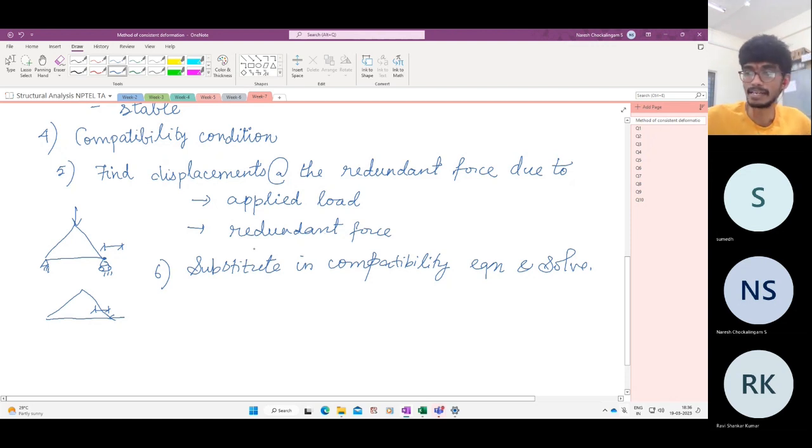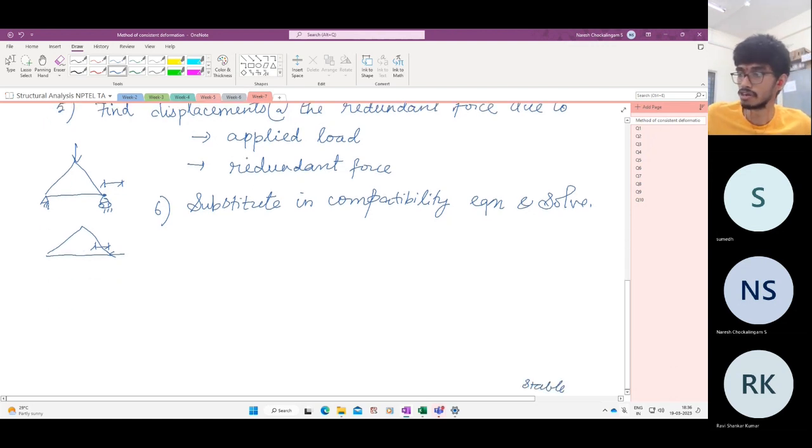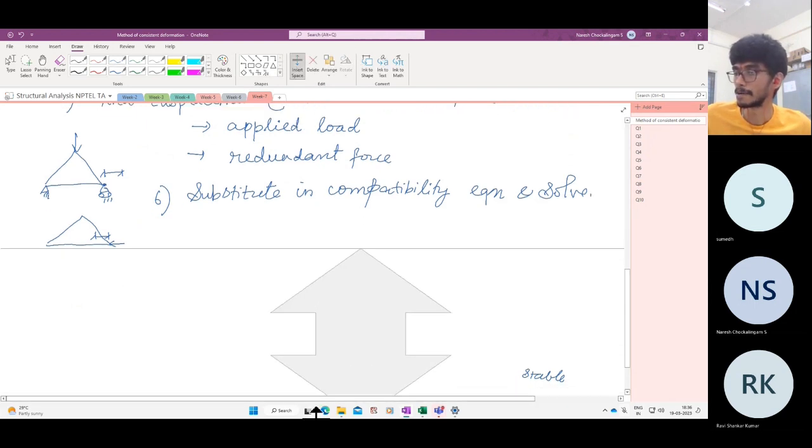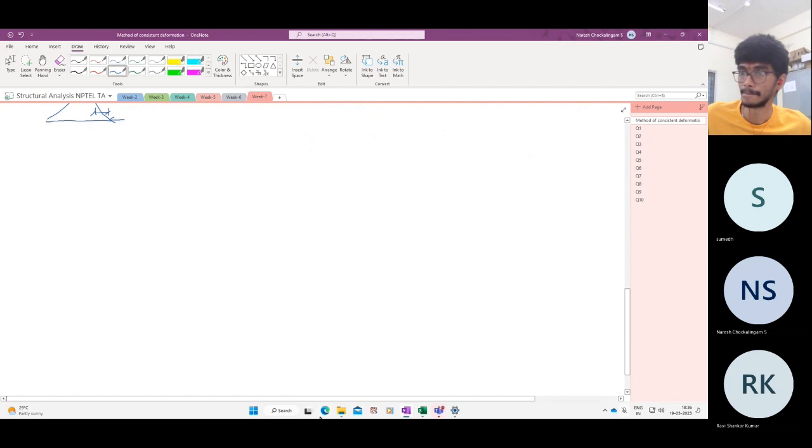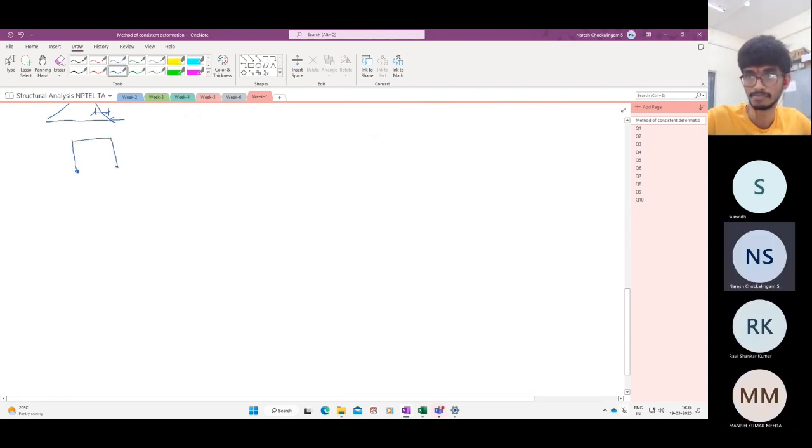To make it more systematic, there is this notion of flexibility coefficients. So let us see what they are. Suppose you have a structure. It can be any structure, it is not limited to trusses. So let me say you have something like this. Say you have a roller system.